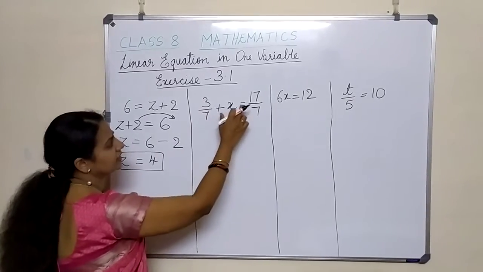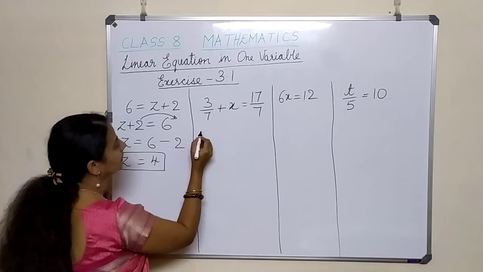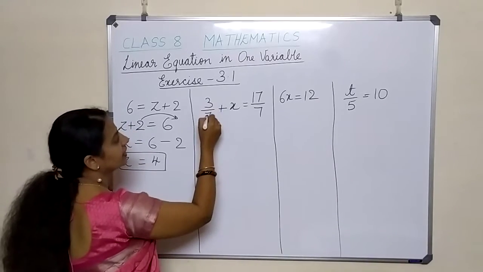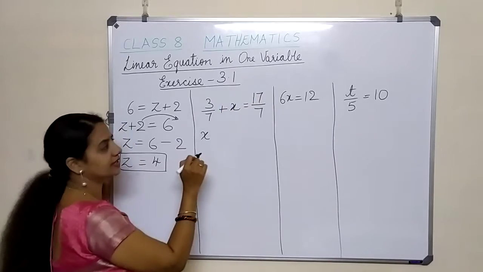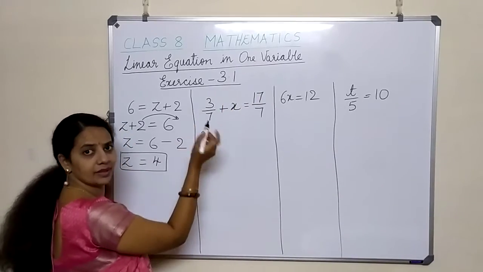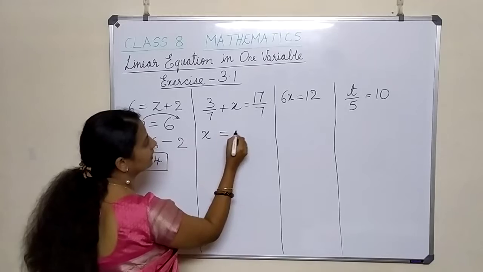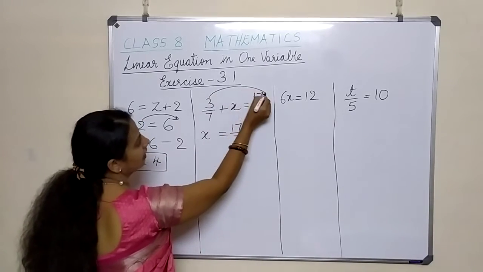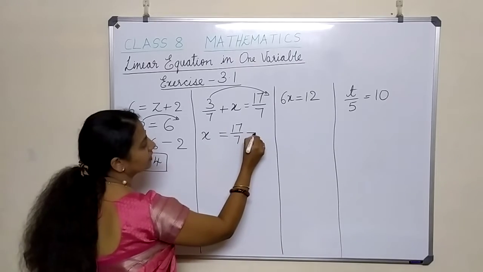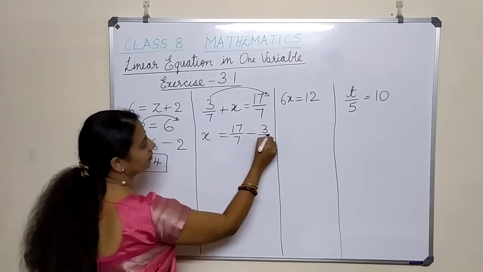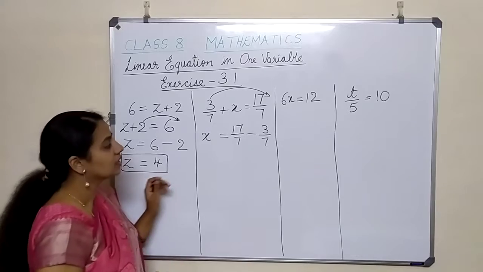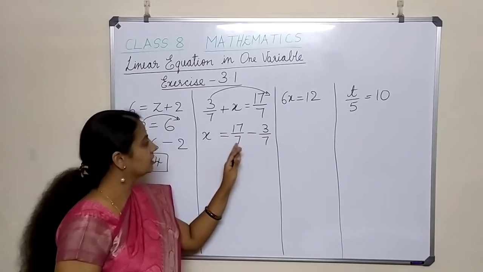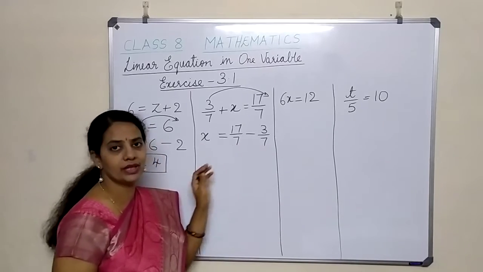3 by 7 plus x equals 17 by 7. So here we need to find x, and this 3 by 7 I am going to take to the other side. If nothing is written, the sign will be positive. So x equals 17 by 7. This I am going to transfer to the other side. So it becomes minus 3 by 7. So observe this. These two are like fractions which have the same denominator.